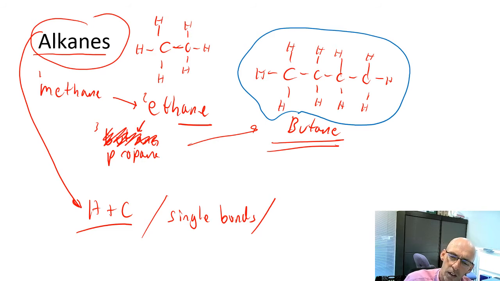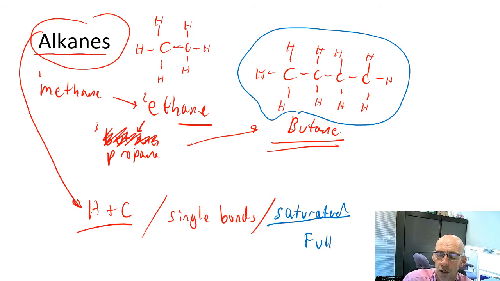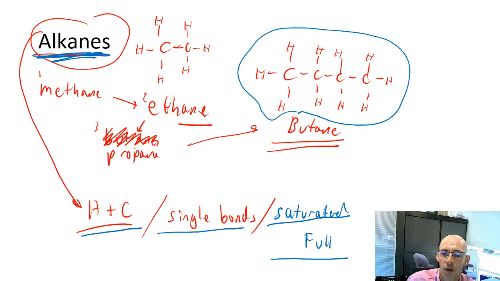So the word we use for that is, we say that this is a saturated hydrocarbon. And saturated means it's completely full of hydrogens. You can't join more on. Every single alkane has only single bonds between carbons and are fully saturated, and they are made of carbon and hydrogen only.